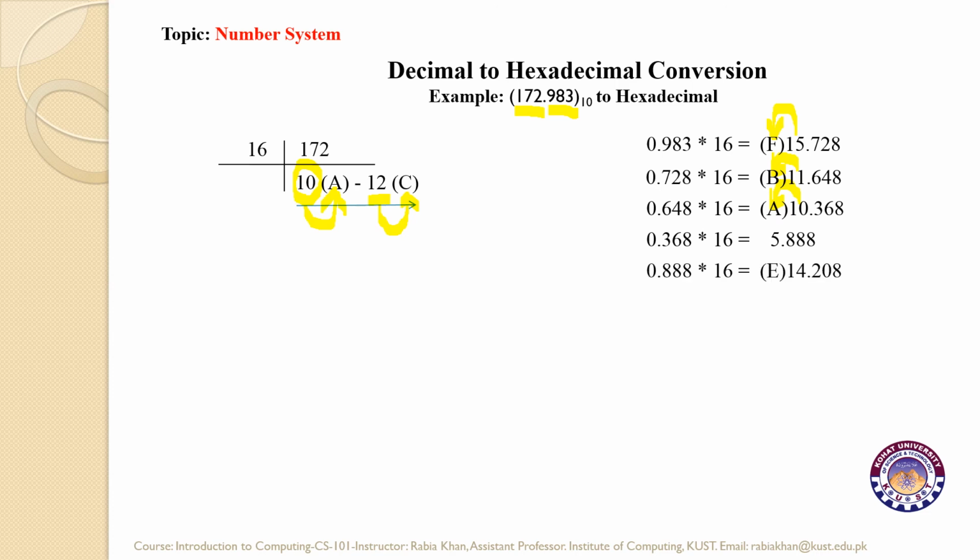So 0.888 is again multiplied by 16 and the result is 14.208. 14 is represented with the alphabet E. So the multiplication goes on. 0.208 is again multiplied by 16 and the result is 3.328. 0.328 is multiplied by 16 and the result is 5.248. The integer part is stored and only the fractional part is multiplied next.